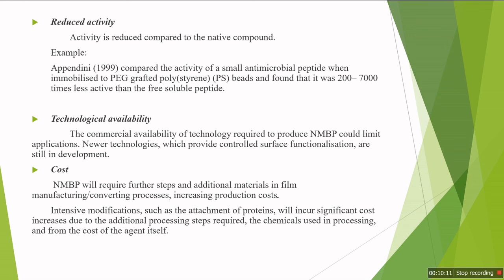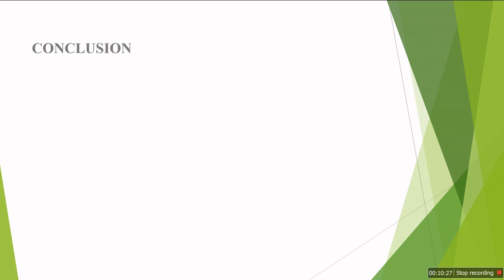Intensive modifications such as the attachment of proteins will incur significant cost increases due to the additional processing steps required, the chemicals used in the processing, and from the cost of the agent itself. This will make the production of the NMBP increase its cost.